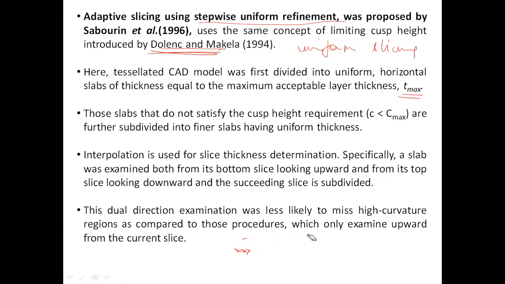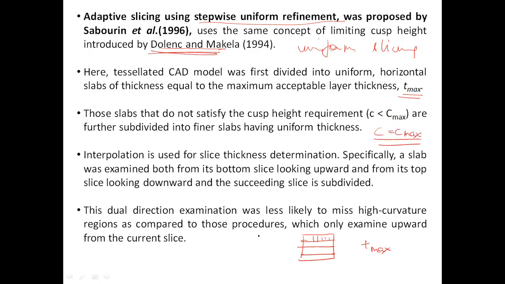Once they identified the maximum layer thickness, the whole object was divided using Tmax. Then for every layer, the condition that C equal to C max was evaluated for every slab.